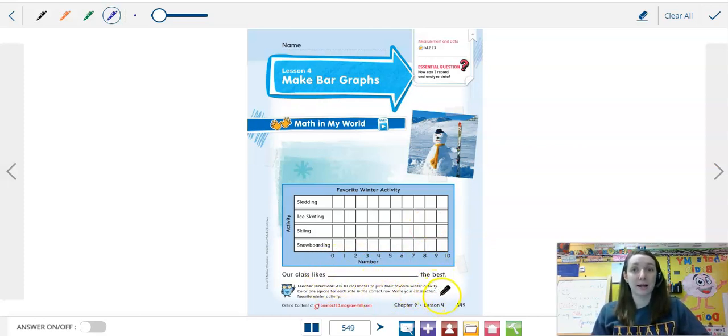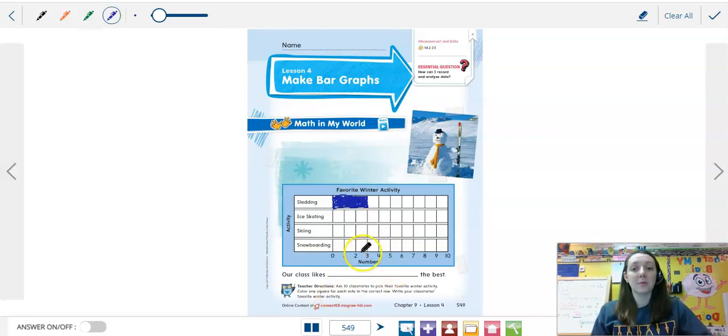So let's say I went around and asked my classmates which activity was their favorite, and let's say 3 people said sledding. So I would color in 3 boxes. See, I'm going all the way to 3. And I would fill it in. Now it's going to be a little messy because it's on the computer, but you would fill it in so it looks like a complete bar, right?